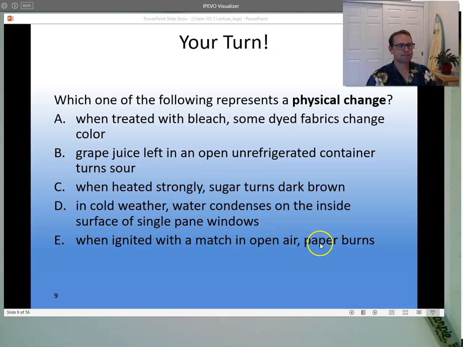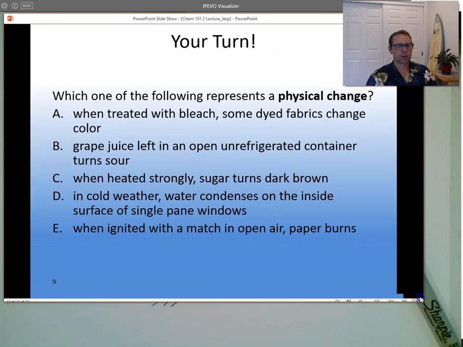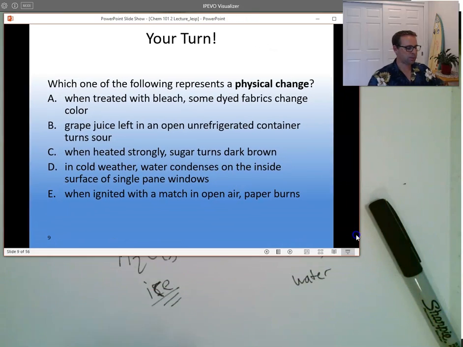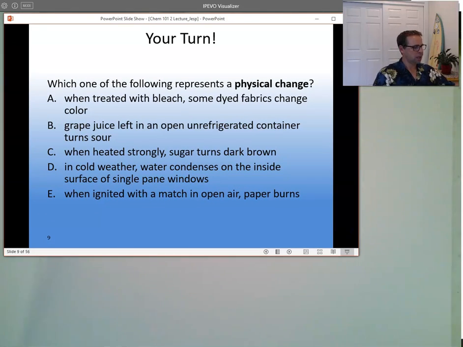Now with the match in open air, it burns. I think that's just physical, isn't it? Nope. Paper burning, that's also chemical. Yeah, because you mentioned we burn wood and how it changes the composition, right? That's right.